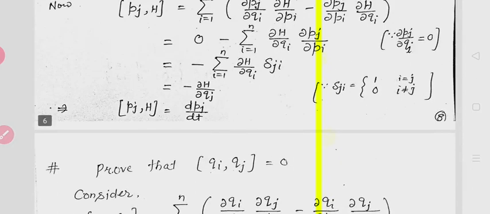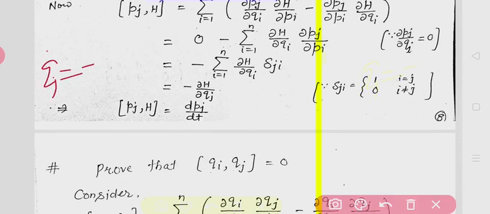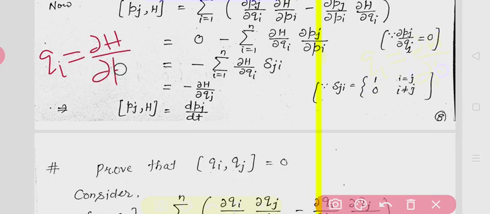Earlier, let me recall, your Hamilton equations were: qi dot is equal to, sorry, it will not be minus, qi dot is equal to curl h over curl pi, and pi dot is equal to minus of curl h over curl qi.